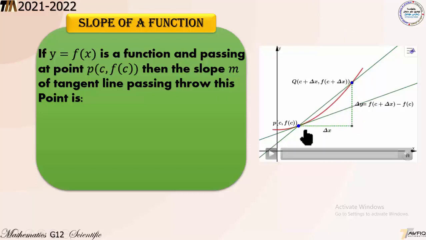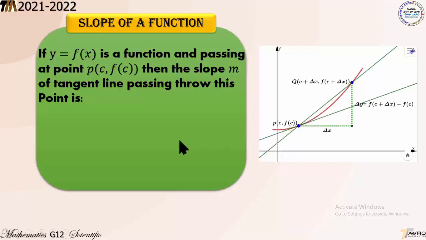As you can see here, if we draw a vertical line on the y-axis, here it gives us f of c, and here it gives us f of c plus delta x, which means delta y is equal to f of c plus delta x minus f of c.